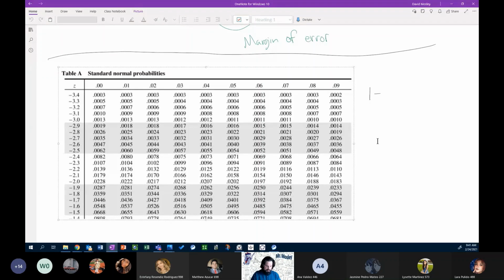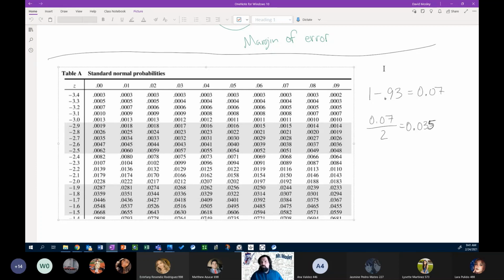So 1 minus 0.93 gives us 0.07. 0.07 divided by 2 gives us 0.035. That's what we're looking for on Table A.